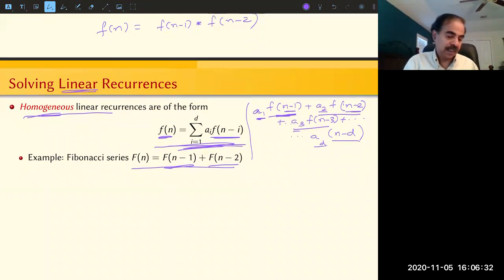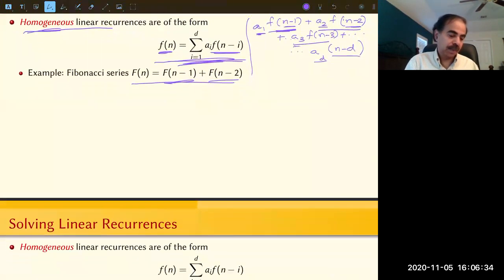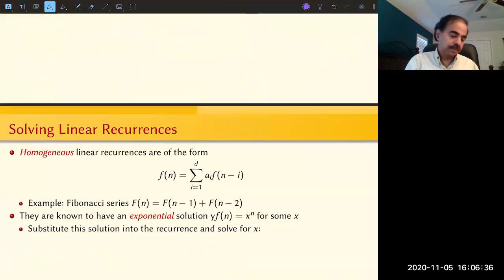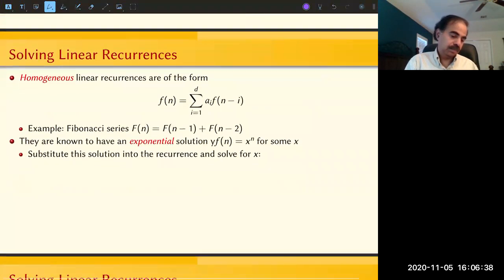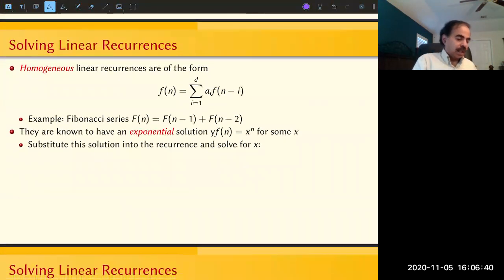That satisfies this format. Okay, so the reason why we work with equations of this format is that they have exponential solutions of the form f of n equals x to the power n for some x.